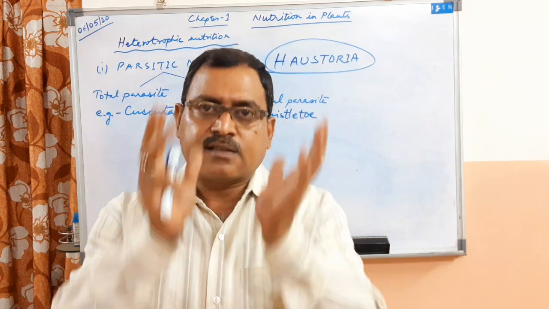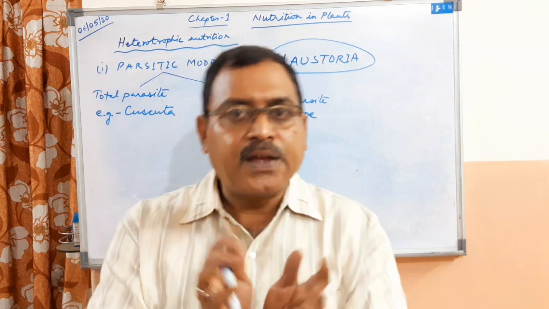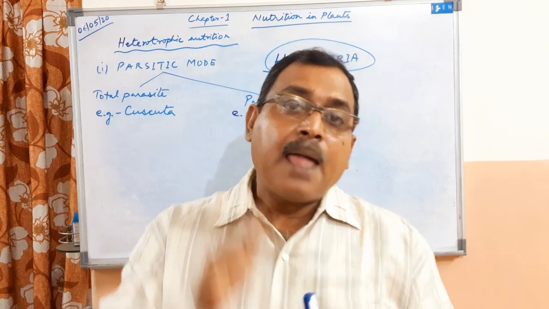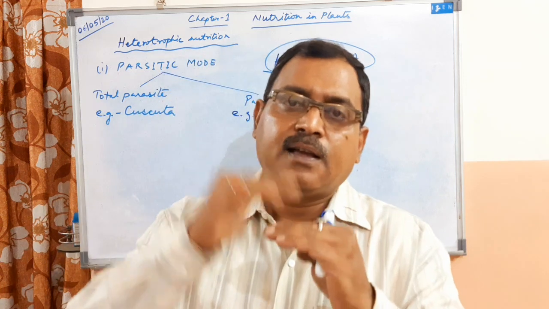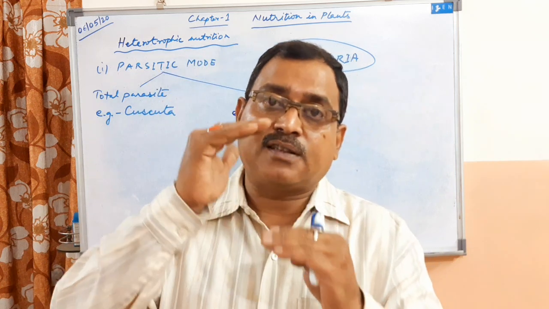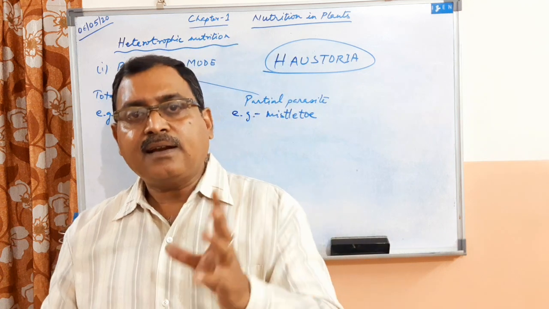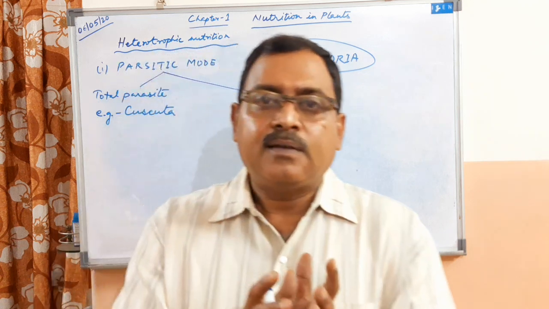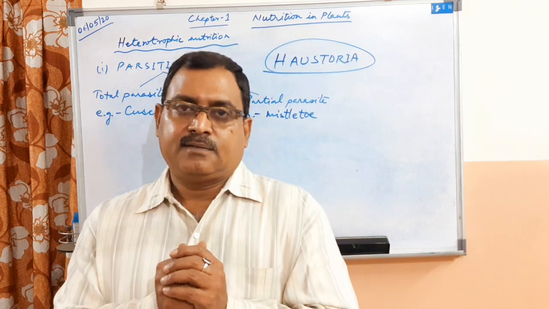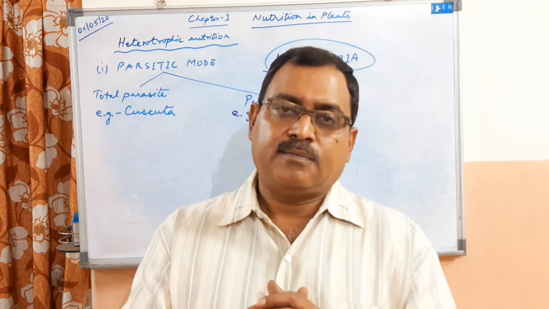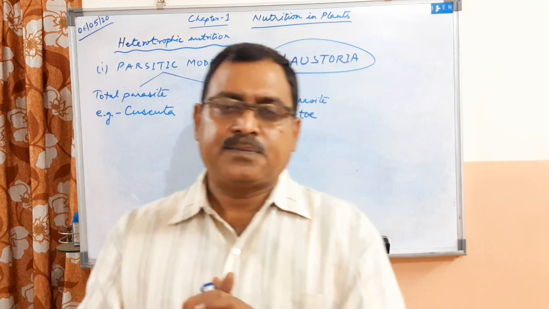Pitcher, you know, is an earthen pot. So it is in the shape of that pitcher. And the leaf becomes the lid of the pitcher, the cover of the pitcher. The mouth of the pitcher is covered with this leaf. And this whole structure is colored: red, orange, yellow, very bright colored.